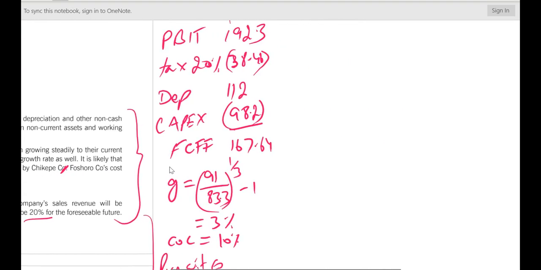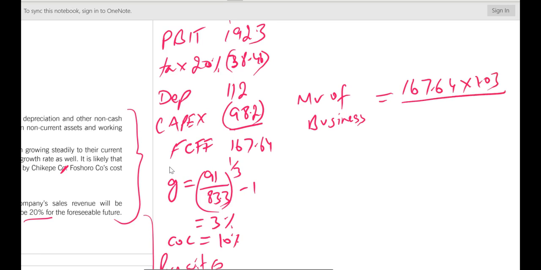So if we calculate the market value of business, that should be equal to 167.64 into 1.03 divided by 0.10 minus 0.03, and it will be equal to 2466.70.